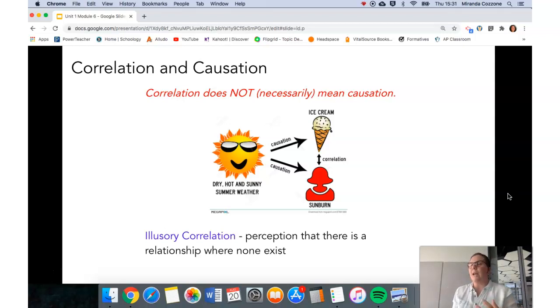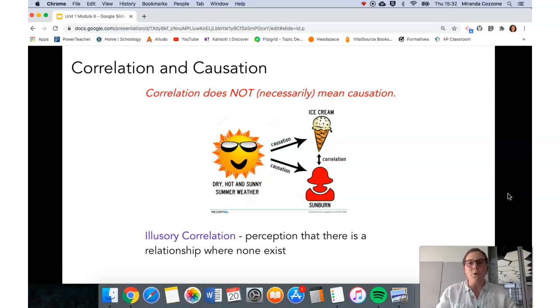So as a social scientist, you want to look at data through a critical eye, right? That's one of those things, the critical thinking piece. We know that just because I got sunburned didn't mean I had ice cream, just because I had ice cream didn't mean I'm sunburned. A critical thinker would say, hey, look, there's another variable here, okay?